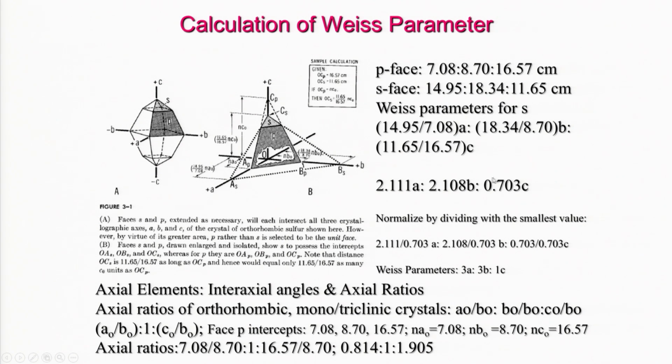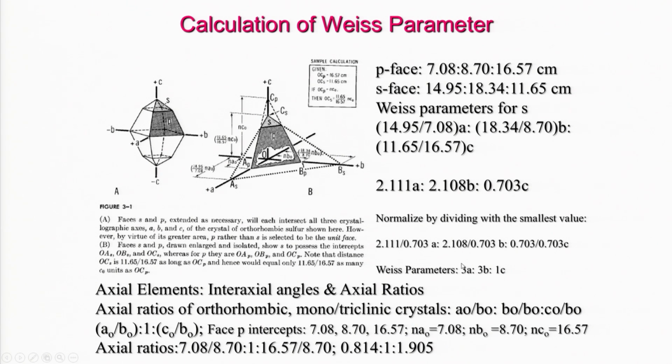So, you can normalize these values by dividing by the smallest value, that is 0.703. This has been done here: 2.11 divided by 0.703, and so on. After division you round the results to the nearest whole numbers, and ultimately it gives this particular symbol, 3A : 3B : 1C.